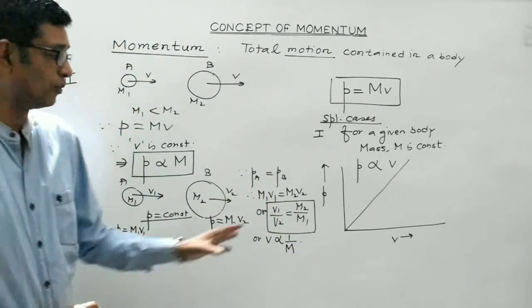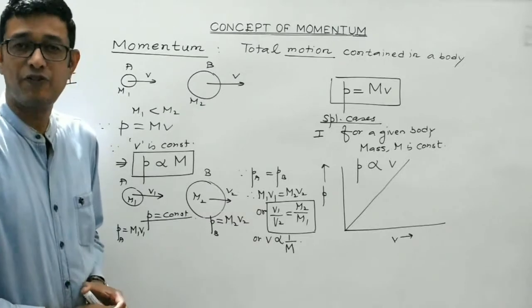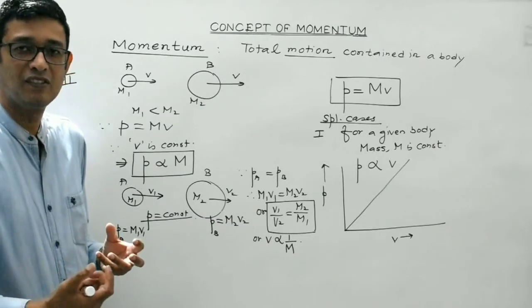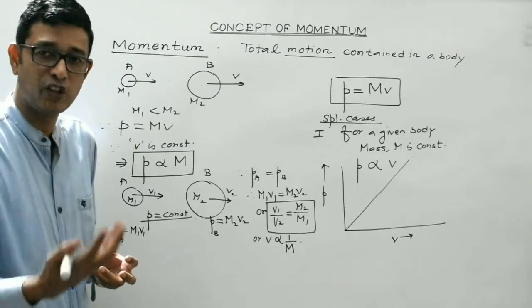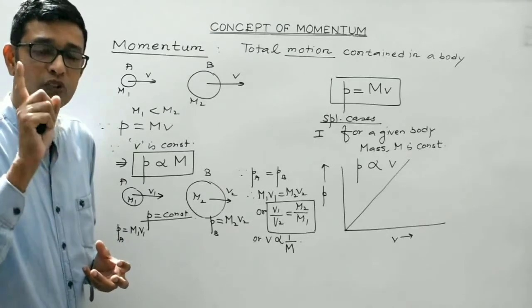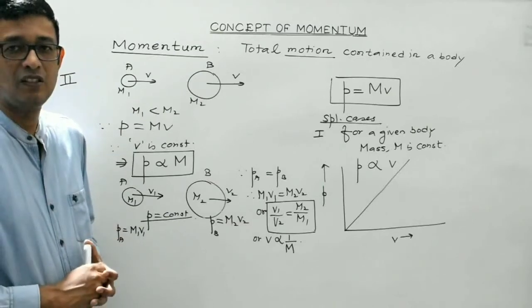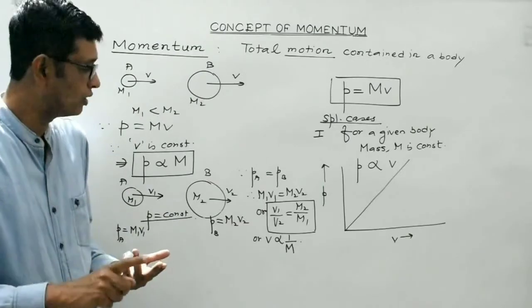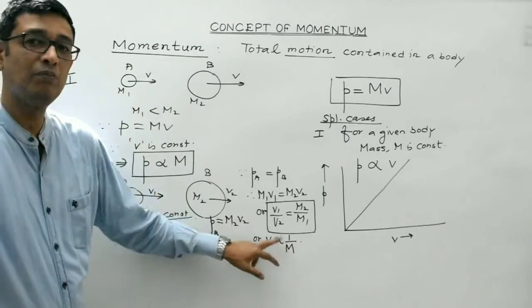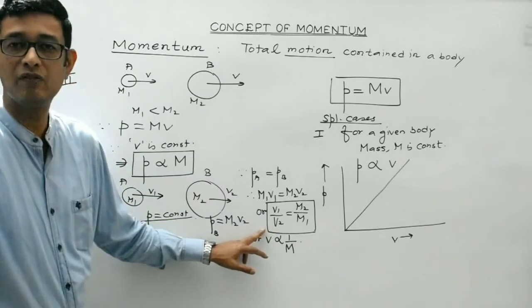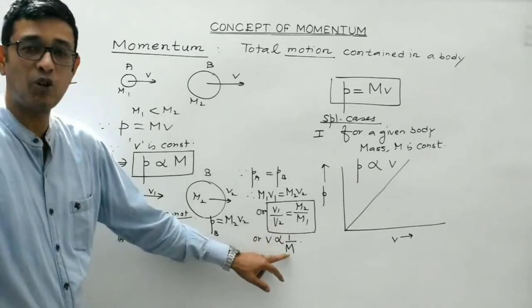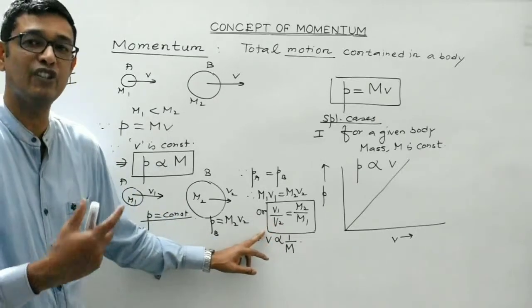So what do you conclude from this, students? If 2 different bodies having different masses moving with different velocities possess the same momentum, then we conclude that the heavier body must be moving with low speed, while the lighter body must be moving with greater speed.